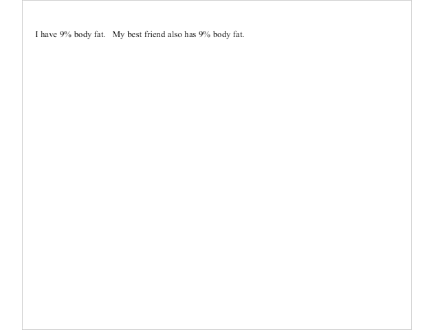Therefore, my friend and I both have the same number of pounds of body fat. Does anybody see where the problem is in this argument? If you do, go ahead and type it in the text box. Yeah, exactly. It's a percentage versus a weight, so it depends on the weight.